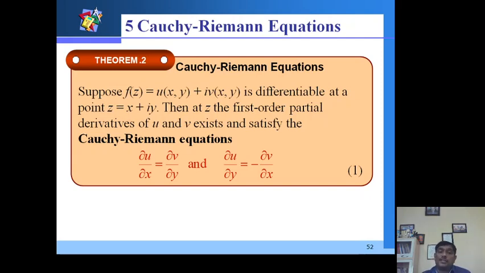Then if you replace r comma theta in this function, u of r comma theta plus I into v of r comma theta is differentiable at z is equal to r into e power I theta, the exponential form. If the first partial derivatives of u and v exist, then the Cauchy-Riemann equations hold.